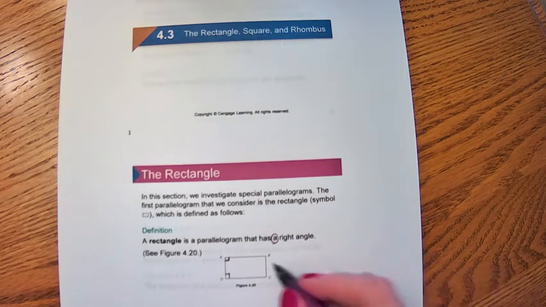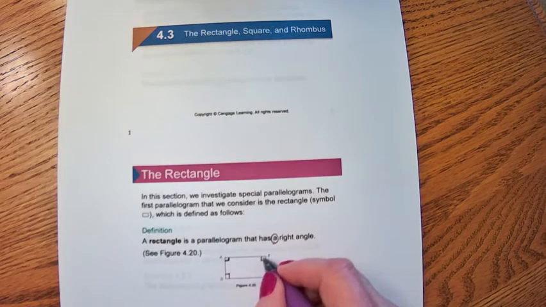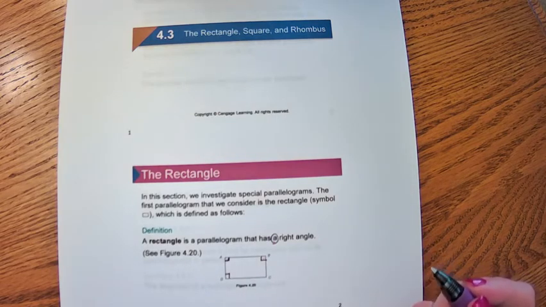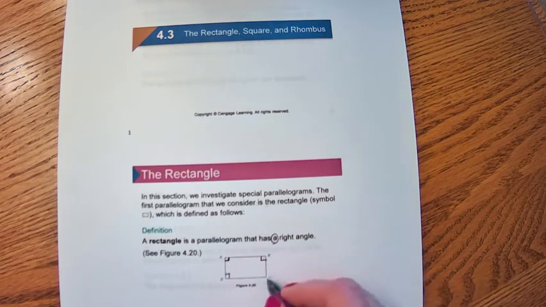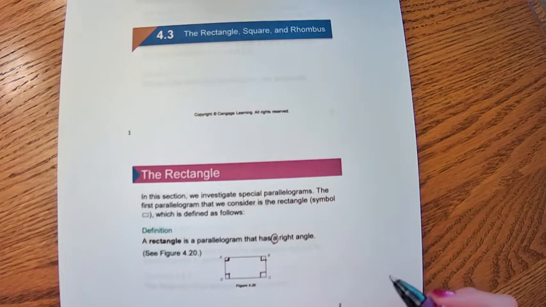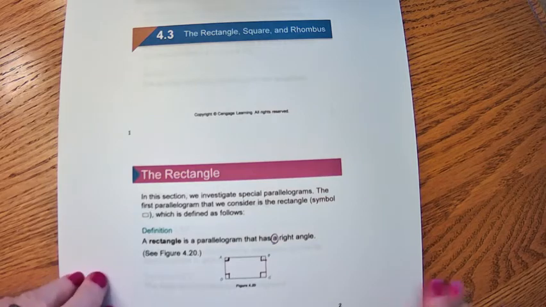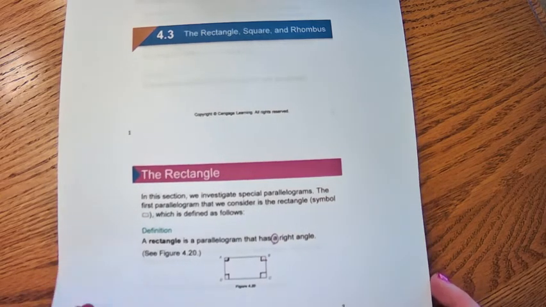So if that's 90, that one's going to be 90. And if that one's 90, that one's going to be 90 because they need to be supplementary. Opposite angles are congruent. So we just have to prove it has one 90-degree angle, and that would mean that all 4 angles are 90 degrees.